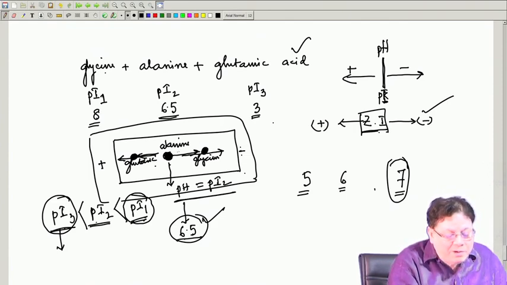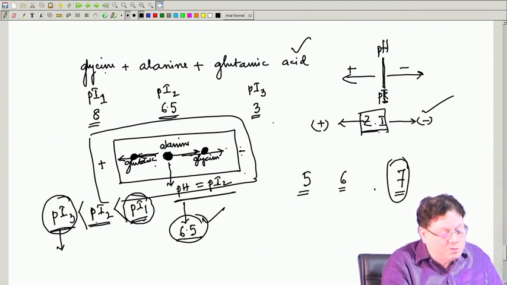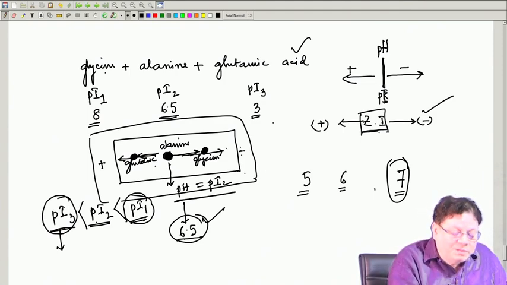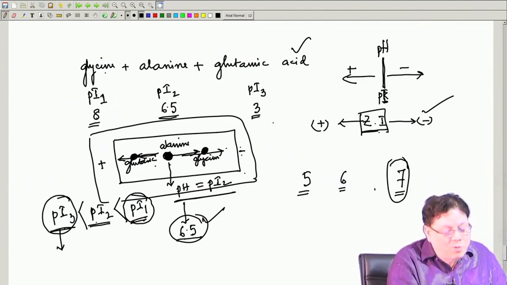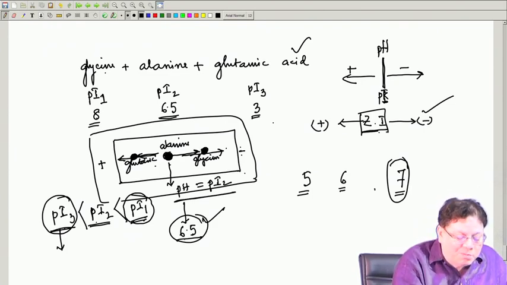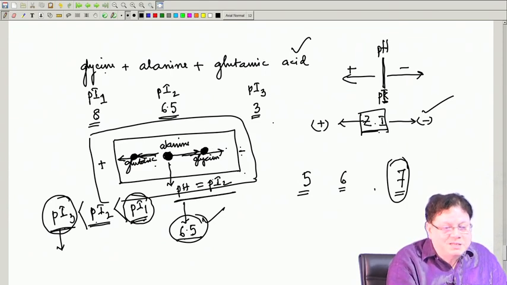See, when you have applied an electric field, there is a movement of the species because of the charge, but something is also dragging it behind. And what is the dragging force? The dragging force is the interaction of the molecule, that means in this case amino acids, with the matrix.